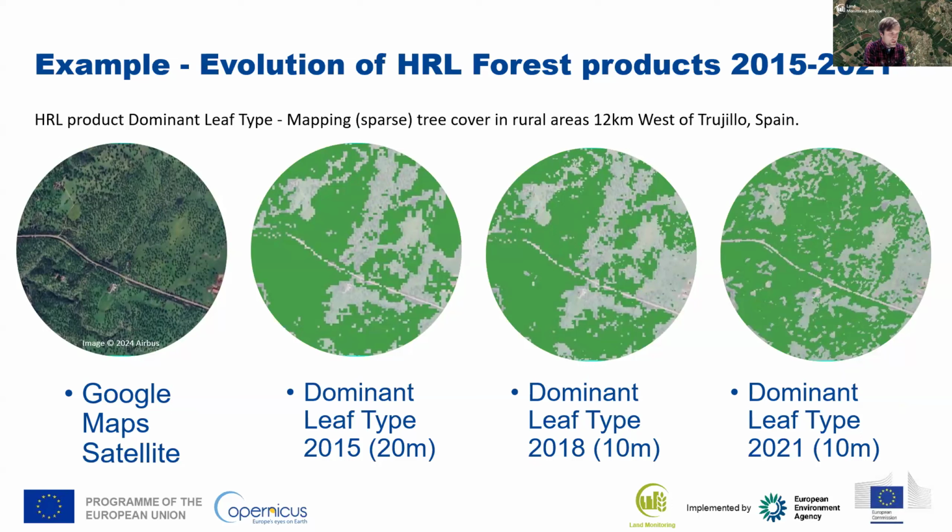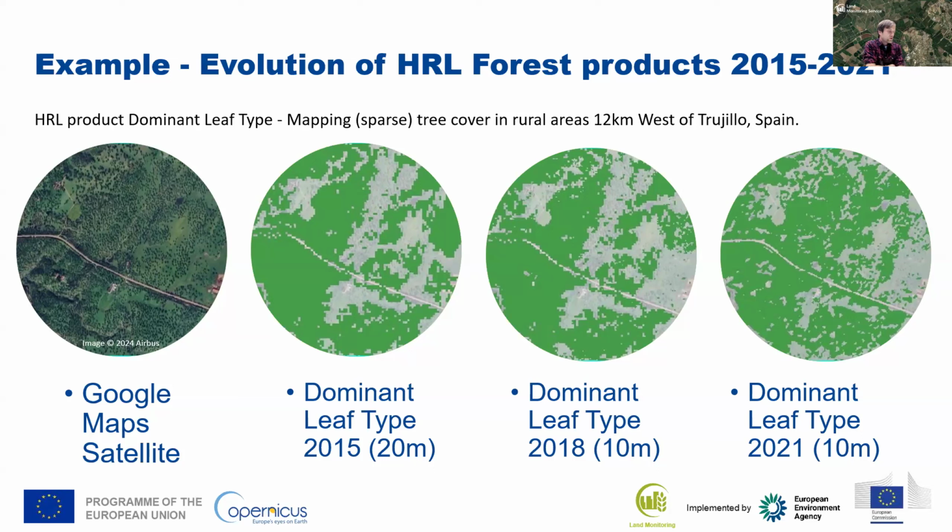In 2015, this was still produced with 20-meter resolution. In 2018, then there was this change to 10-meter with the Sentinel satellites. And in 2021, also Sentinel satellites are used, but a different classification approach is used.